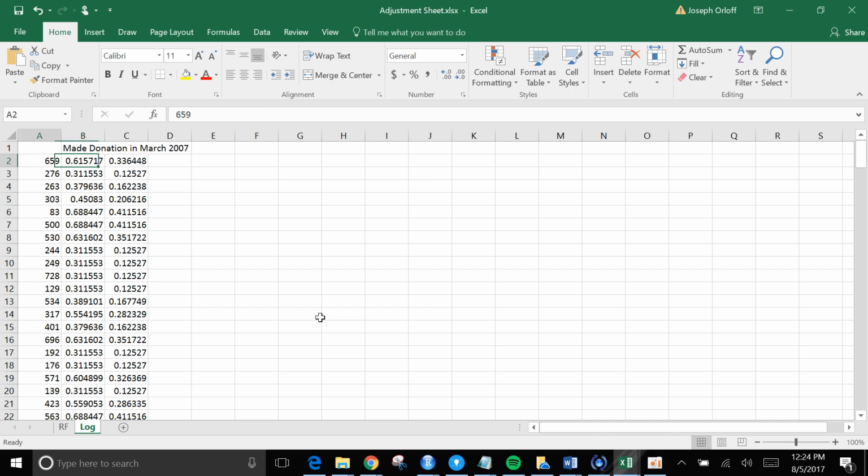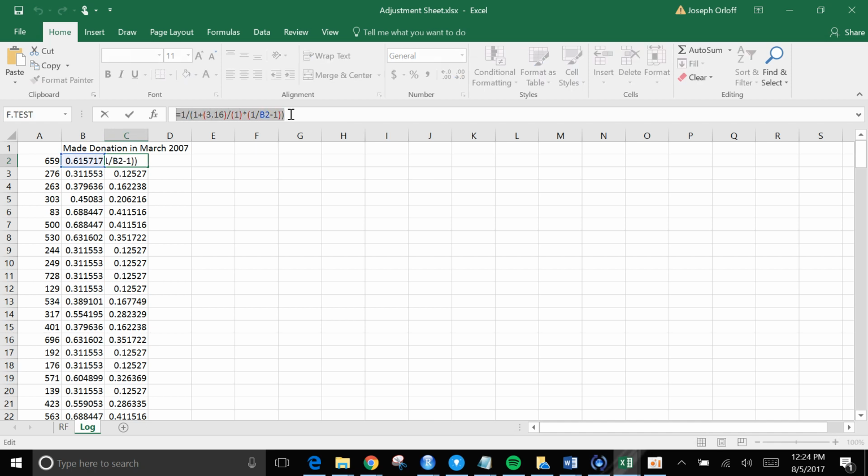I achieved this by taking the exported probability from performing the predict function in R on the test data set, and then creating my own formula, which you can see up here.